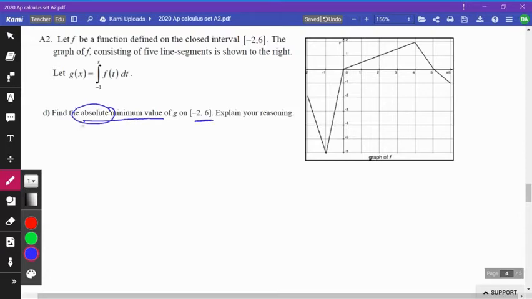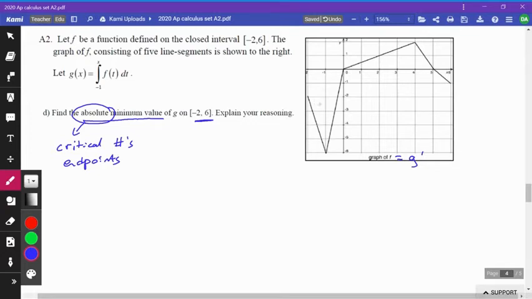Now the key word is absolute, and absolute minimums can occur at critical numbers, or they can occur at endpoints. So if I'm taking a look, remembering that this is the graph of g prime, this graph is decreasing, then it's increasing.